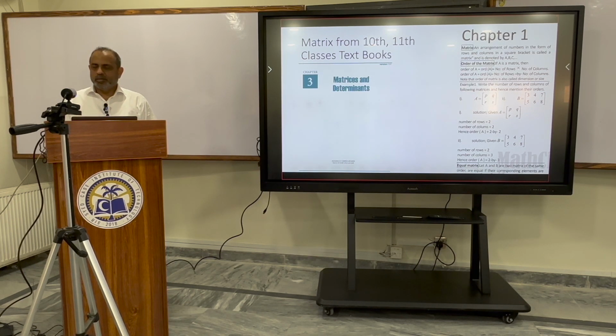And if you don't know matrices, you can go and open your 10th class book, and that will tell you what a matrix is. Okay? This I have taken from the matric book, which says a matrix is the arrangement of numbers in the form of rows and columns in a square bracket, and it is called a matrix. Okay? So matrices you can learn from matric books or from FSc books, and that is even enough for you to understand what matrices are.